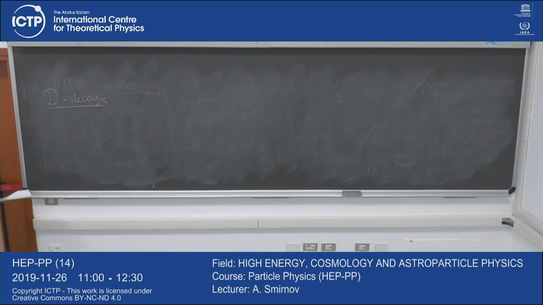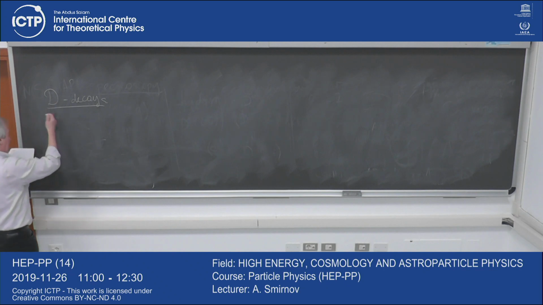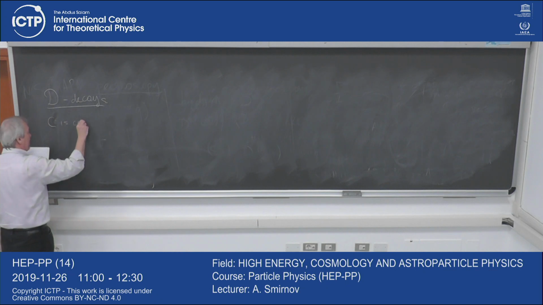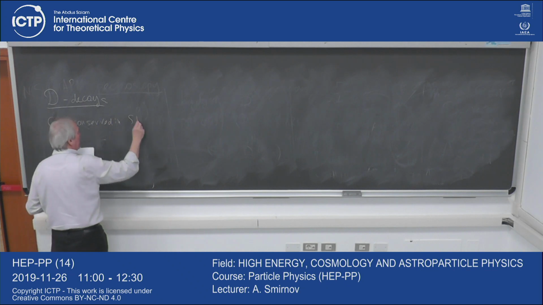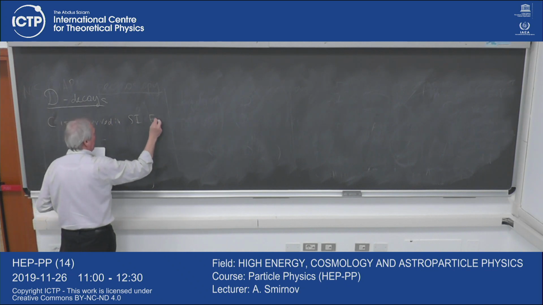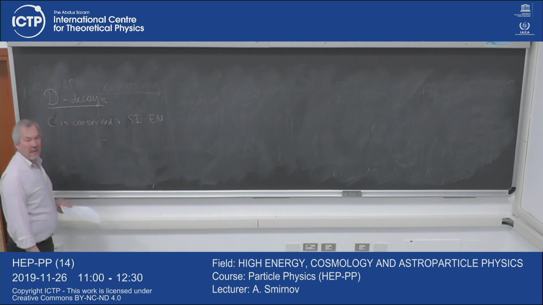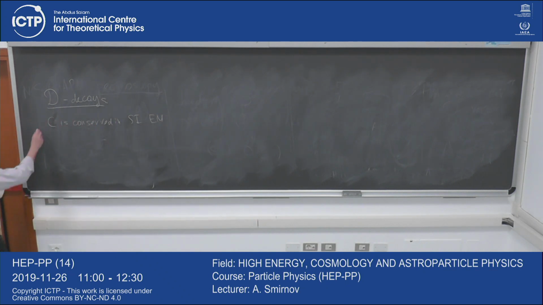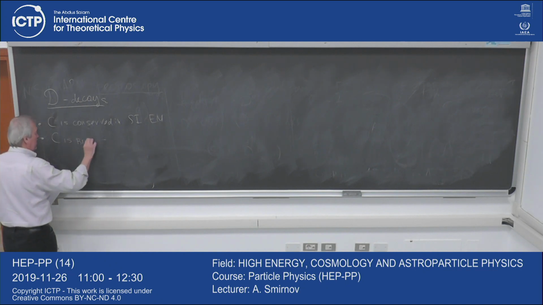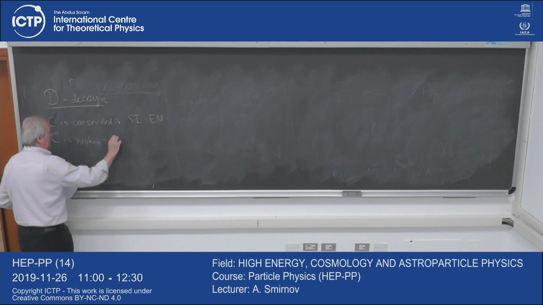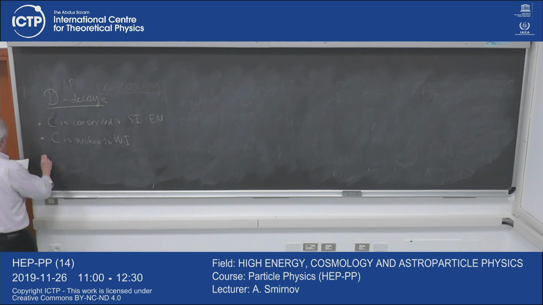What we are assuming, and what has been confirmed, is that charm is conserved in strong interactions and in electromagnetic interactions, like in the case of strangeness, but charm is broken in weak interactions. Again, like in the case of strangeness.